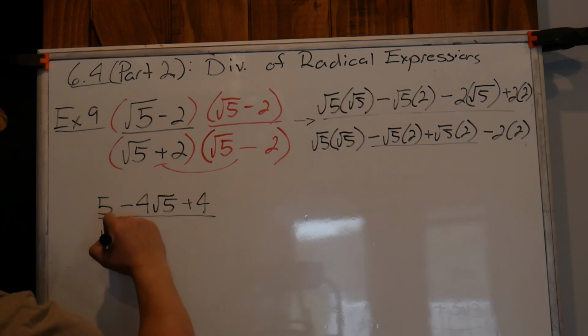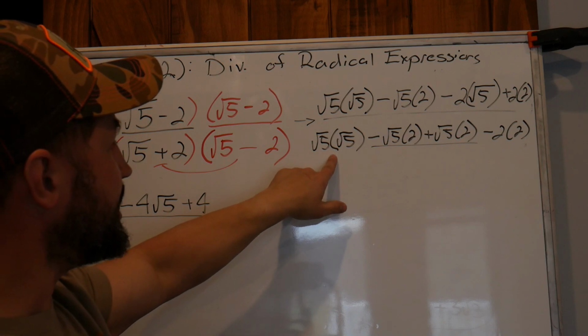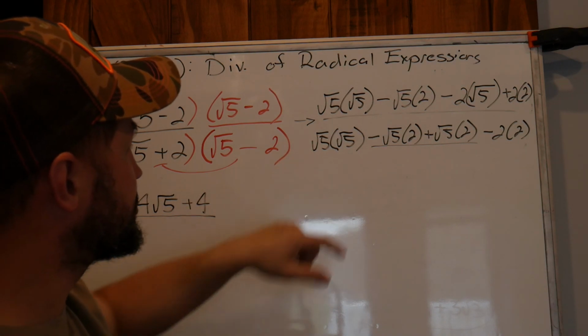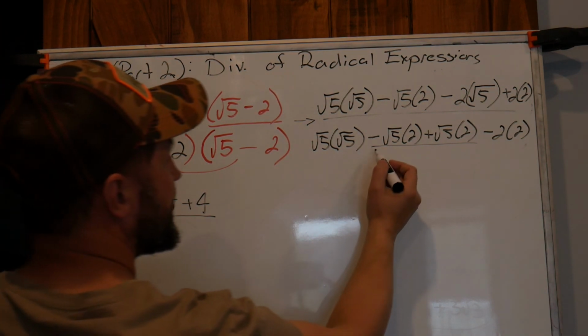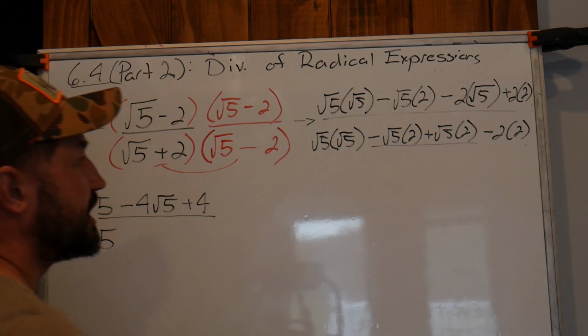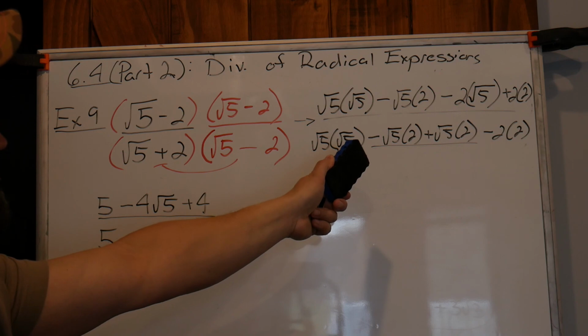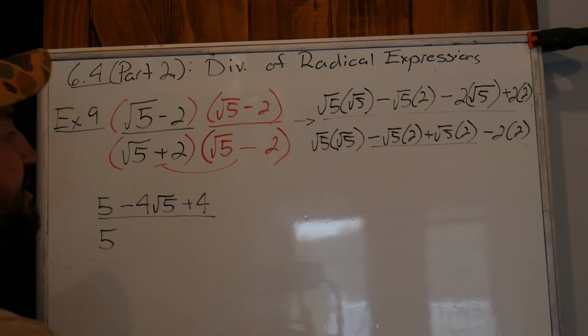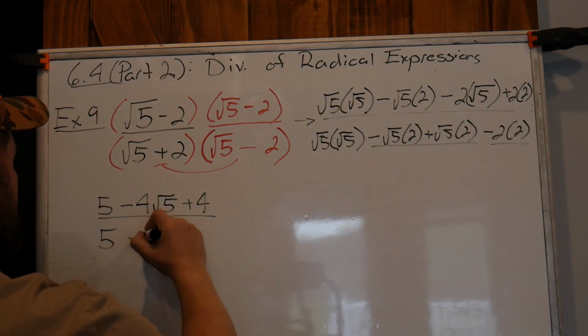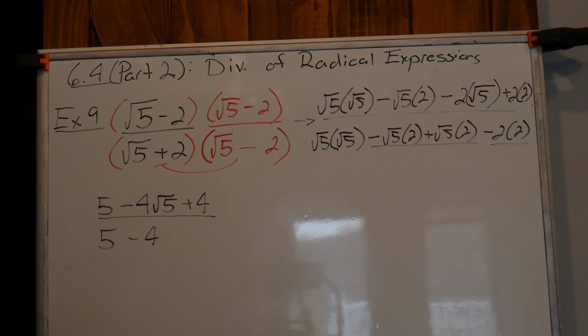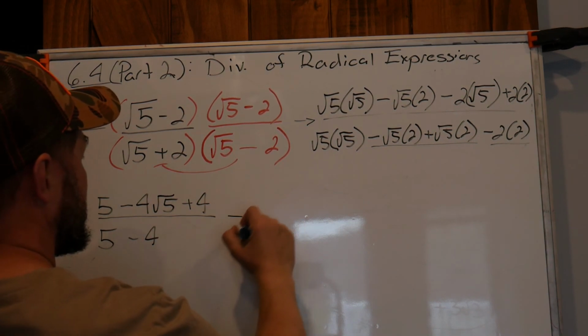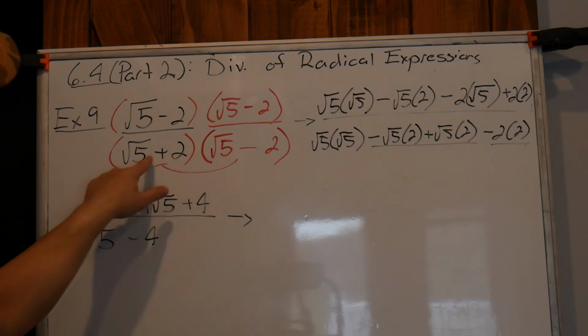Down here, I have my a squared. So square root of 5 times square root of 5 is 5. I have my plus minus, so they're gone. Negative 2 square root of 5 plus 2 square root of 5 gone, minus 4. So there is my a squared minus my b squared. Remember, a squared minus b squared, they're different.